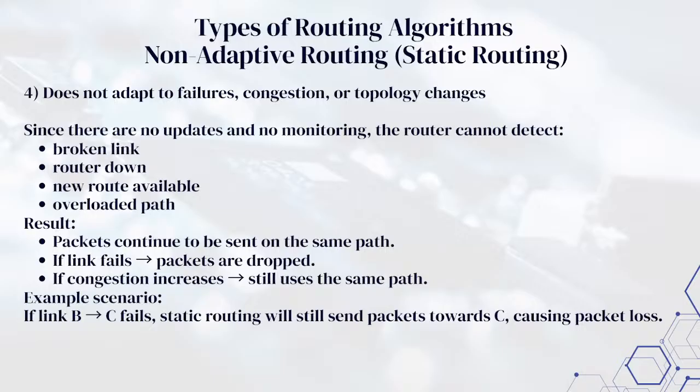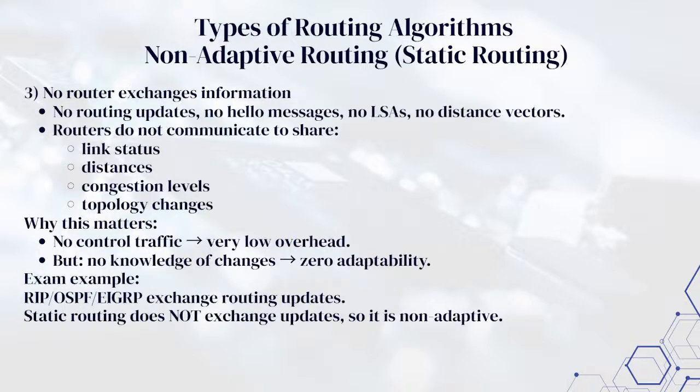That was the fourth point. Since there are no updates and no monitoring, the router cannot detect broken links, right? Because in the previous feature we said that routers do not communicate to share link status, distance, congestion level or topology change.